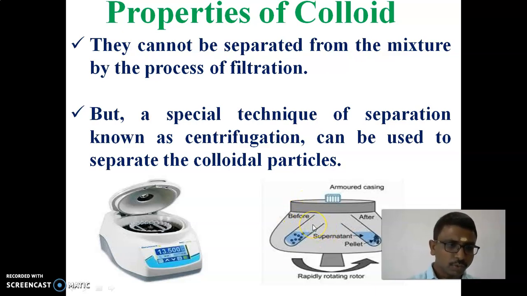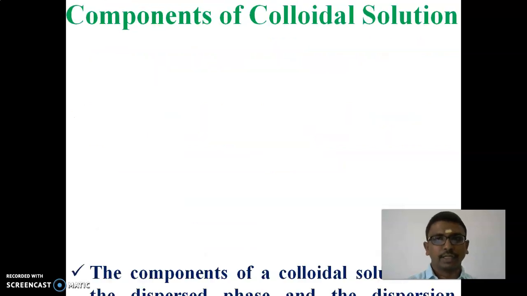We have to put the colloidal solution in, and after that we have to switch on the centrifugation, which means rotation will take place. With that, the lighter particles stay on top and the heavier particles settle down at the bottom. From that we can easily separate the colloidal particles.